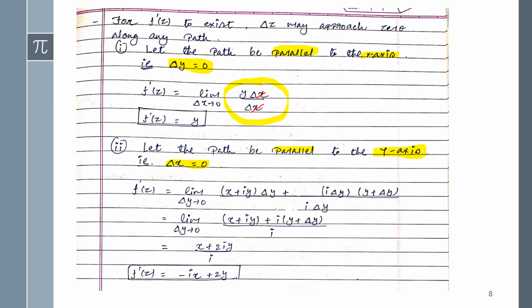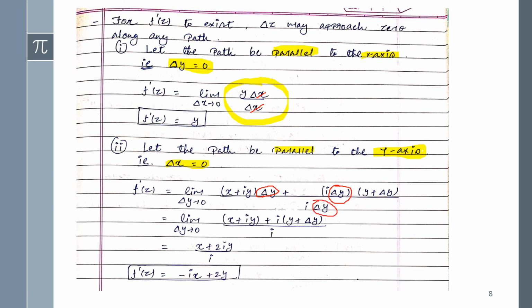From these steps in any function you can put delta x equals 0. So you will get this kind of term, and after simplification you will get this term, because here you can see delta y, and here also delta y, and in the denominator also delta y, so it will be cancelled out.